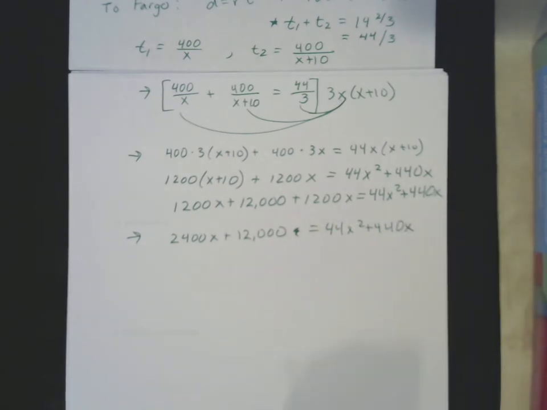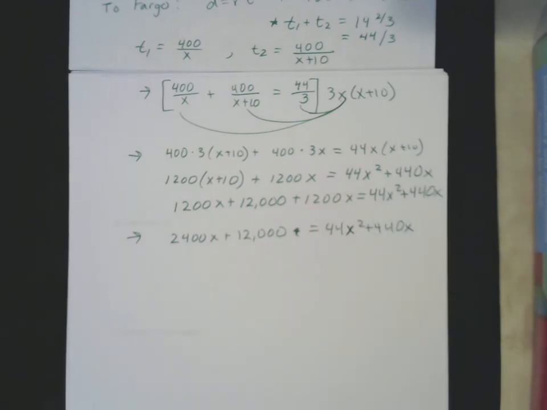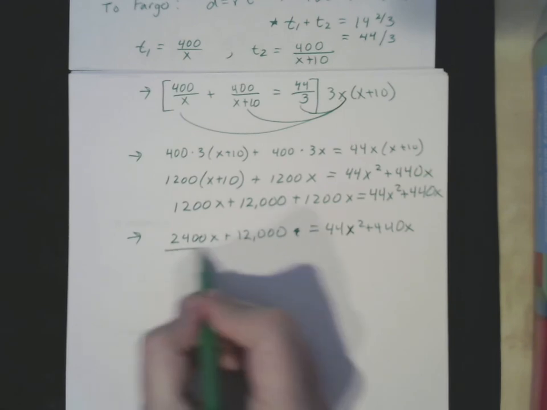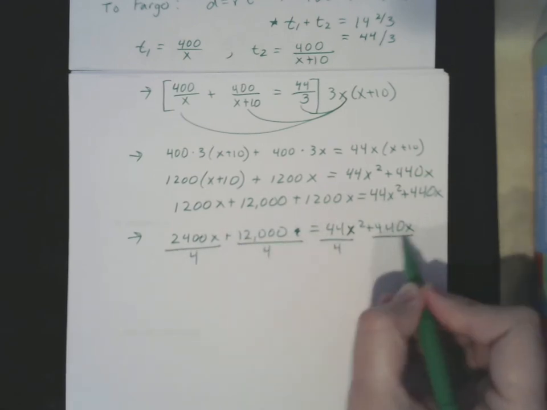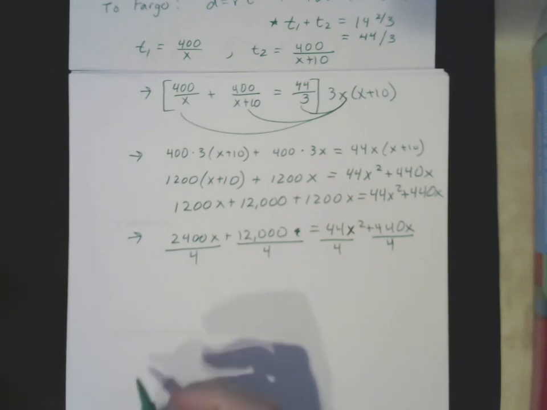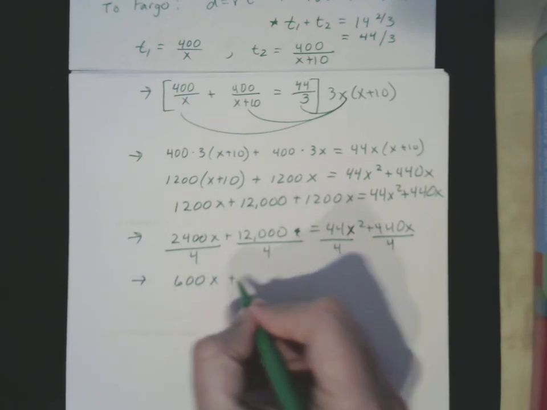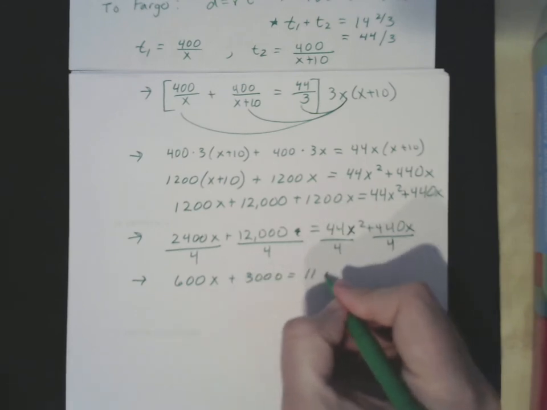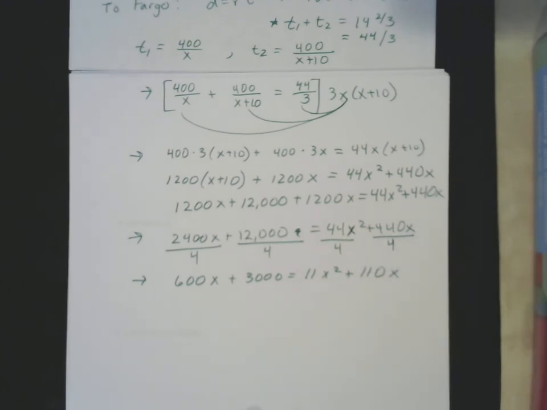Now you may notice something here, and we could have done this to start, but you don't have to. Each one of these, 24, 12, 44, 440, all divisible by 4. So I'm going to make my life a little bit easier here by dividing everything by 4. So we have 600x plus 3,000 equals 11x squared plus 110x.